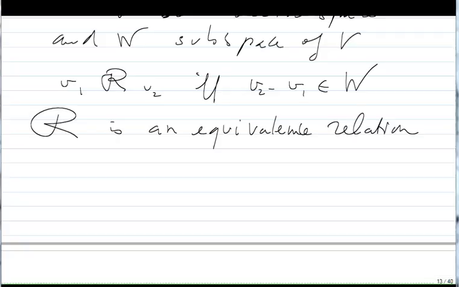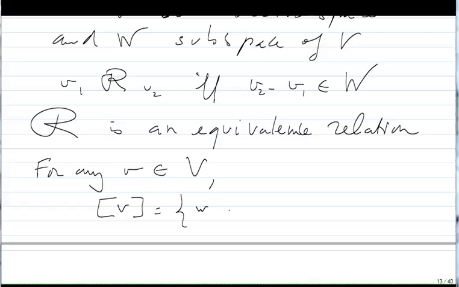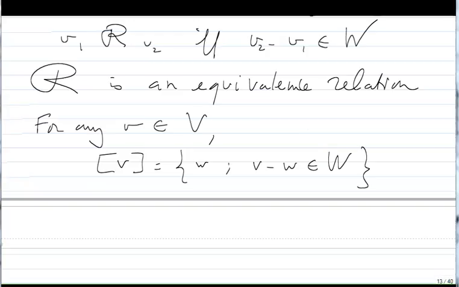For any v in V, the class of v is the set of vectors w such that v minus w belongs to capital W. It's very easy to see that, in fact, the class of v is the vector v plus W, where W is the entire subspace. So it's just a translation of the subspace W.